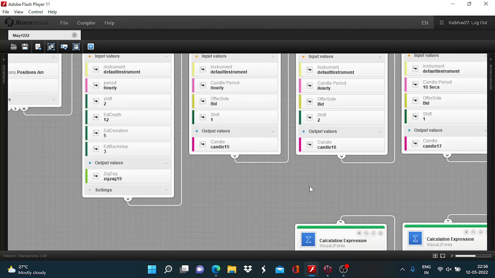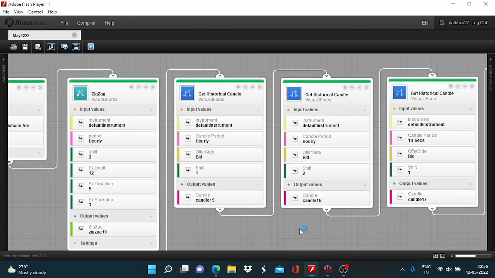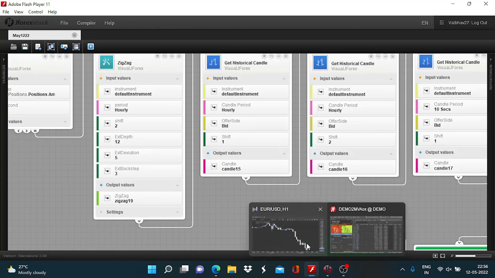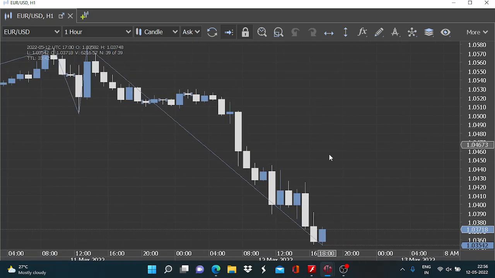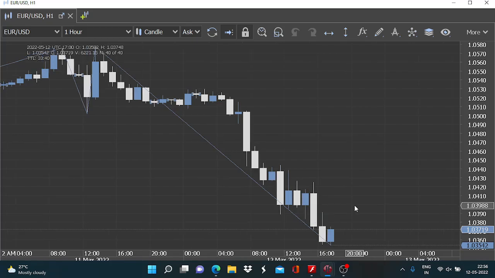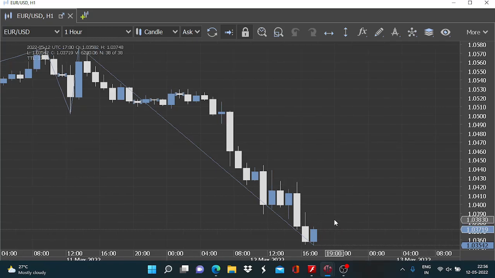Now the conditions are fairly simple. And if you don't really remember from the last session, then I will give you a brief refresher of sorts. We are simply looking at the last hour's closing value, and it should have closed higher compared to the zigzag output value of the penultimate hourly candle.